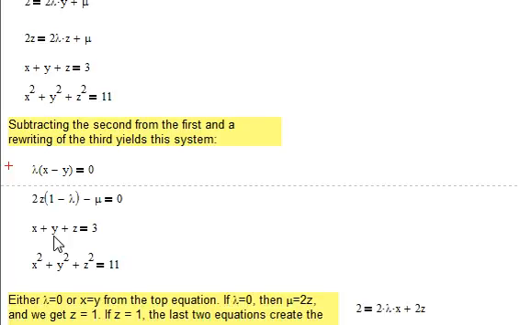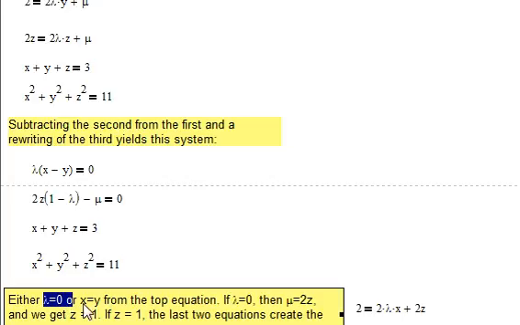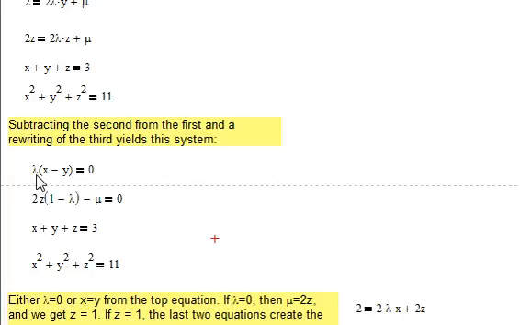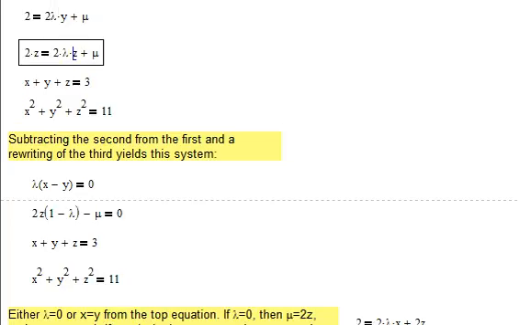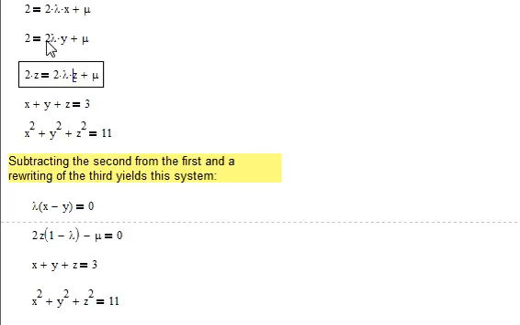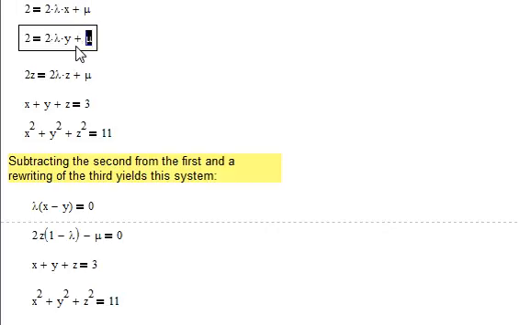Now, from this equation, either lambda is 0 or x equals y. So from this top equation, if lambda is 0, then this is 0 and mu equals 2z. Now if mu equals 2z and lambda is 0, then if we put that in here, it wouldn't matter, we would get 2z plus 0 equals 2, so z equals 1.